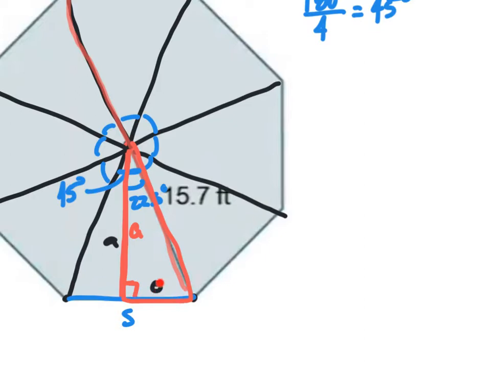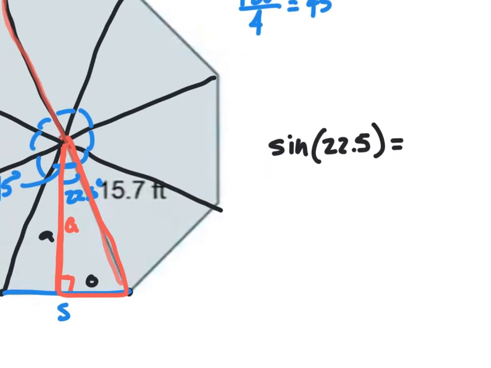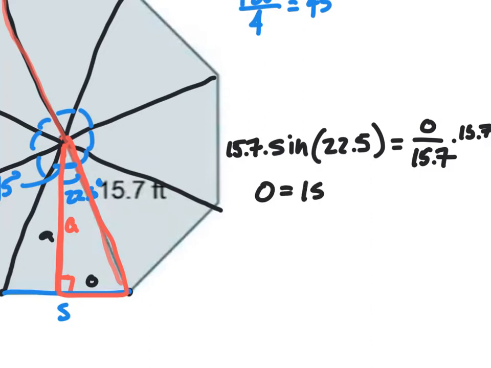This value over here would be the opposite side, which is opposite over hypotenuse, which is sine. So sine of 22.5 degrees is equal to the opposite side, which I'll just call O for now, divided by the hypotenuse, which is 15.7. If I multiply both sides by 15.7, I get that my opposite side is equal to 15.7 times sine of 22.5 degrees.